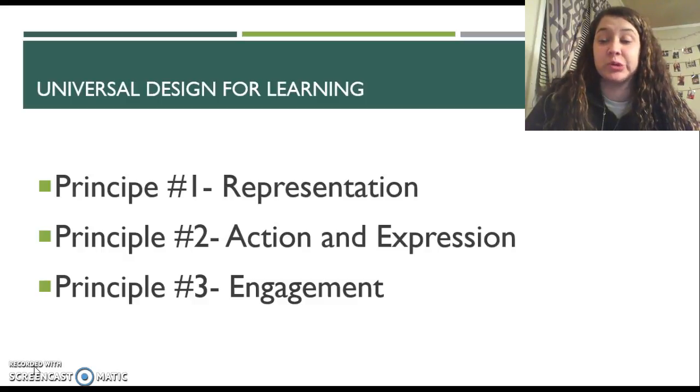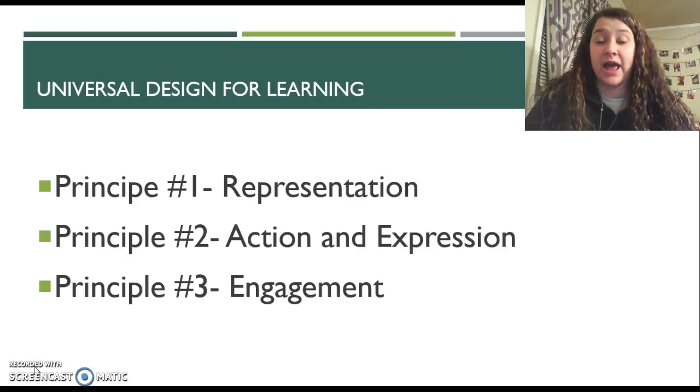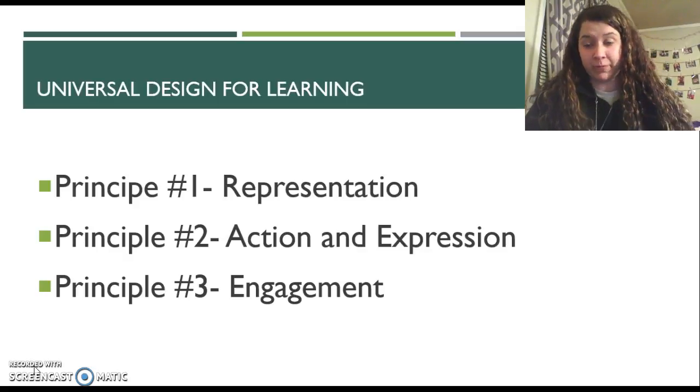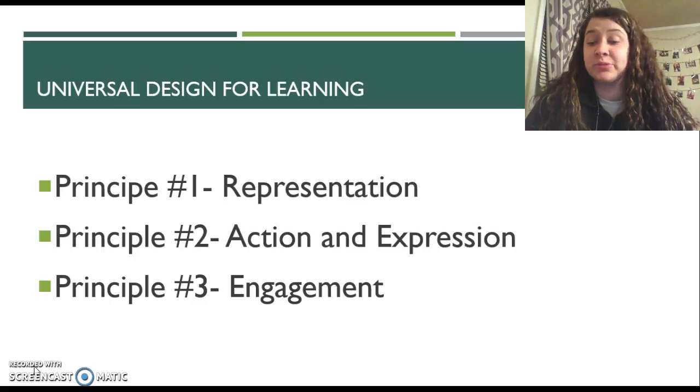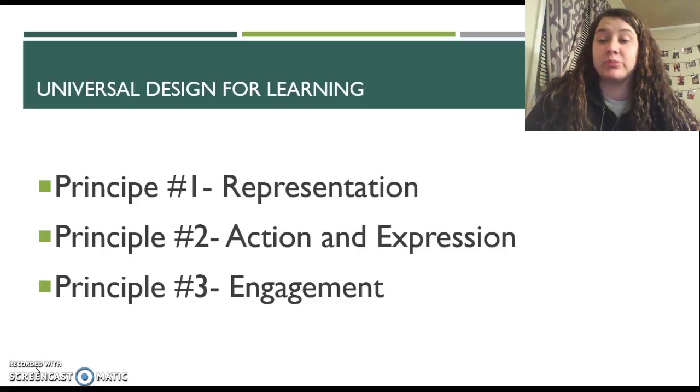The first principle is providing multiple means of representation, also known as the what of learning. This provides options for perception, options for language, mathematical expressions and symbols, and options for comprehension, which as a result creates resourceful, knowledgeable learners.